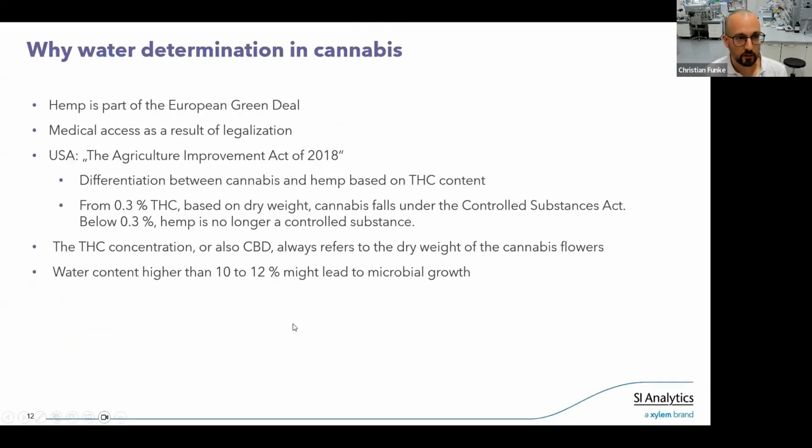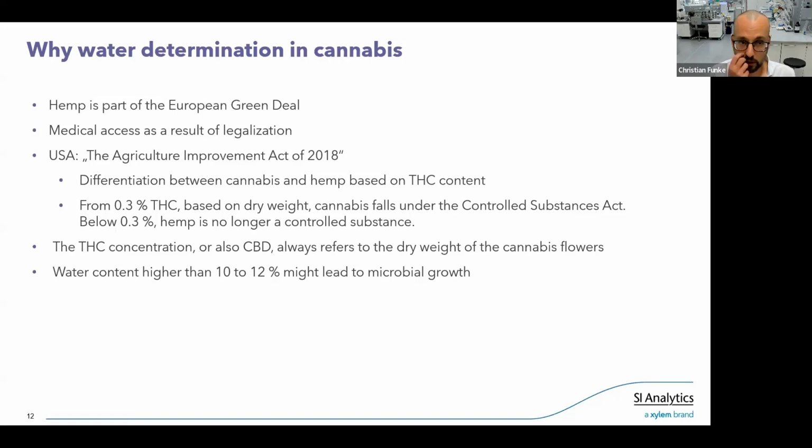Okay, so let's start. Why are we interested in the water content of cannabis? Hemp or cannabis in general is quite an interesting plant. It is a raw material for a lot of industrial applications, like fibers for the textile industry or in construction, or also in the paper industry.